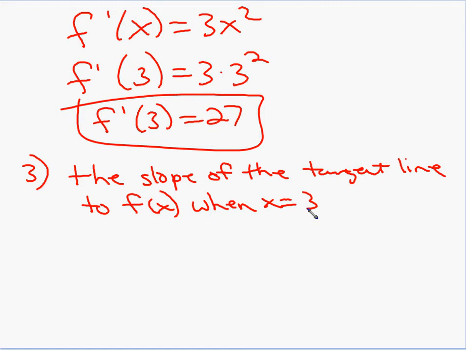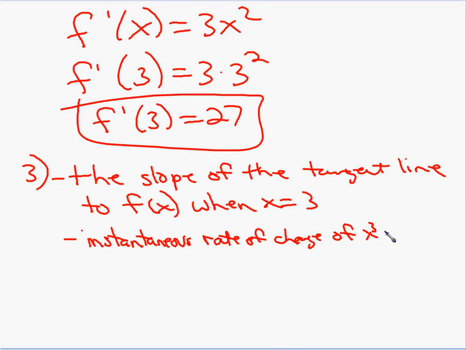Okay, that's one way. We could also say it is the instantaneous rate of change of x cubed when x equals 3. Okay, that's another way that we could say it.